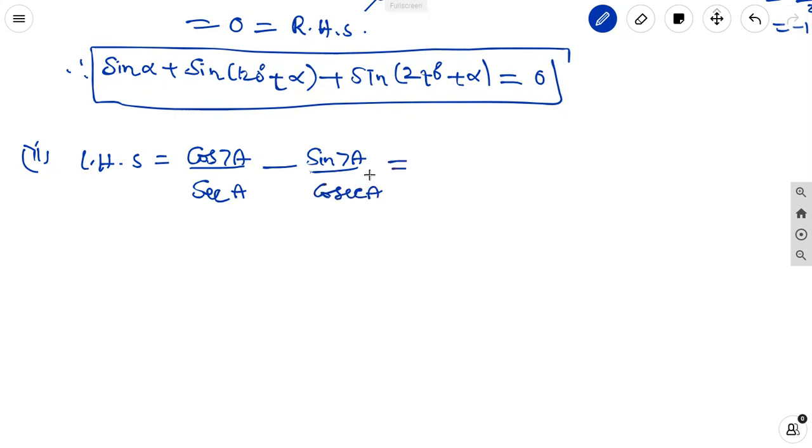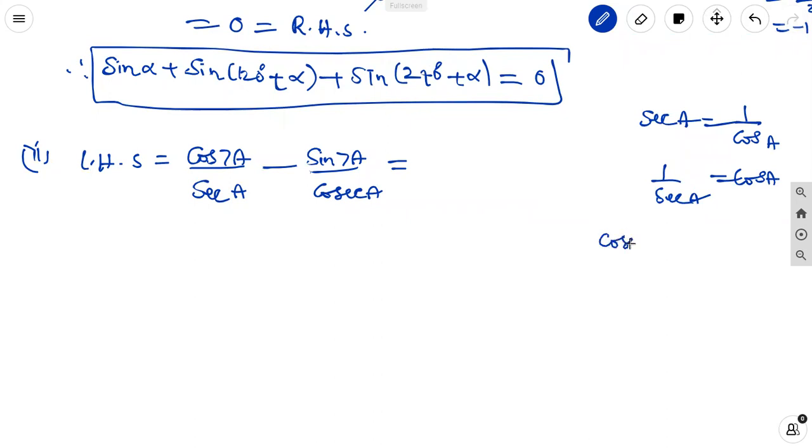We know that 1 by sec a is equal to cos a.